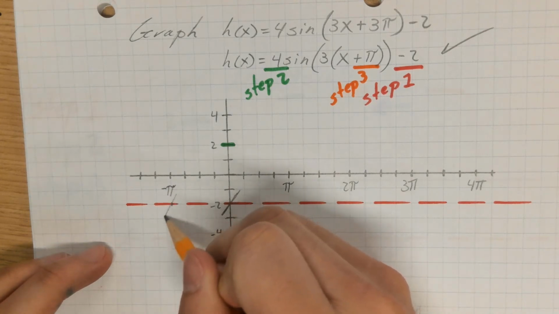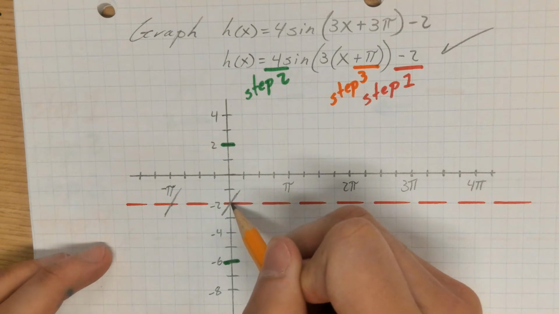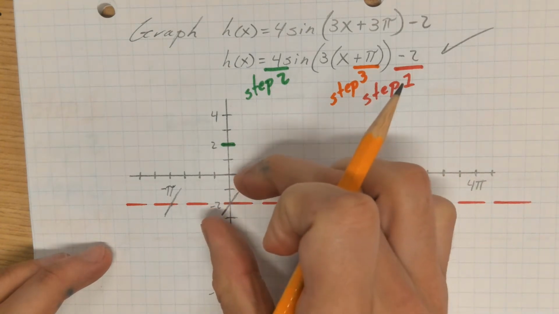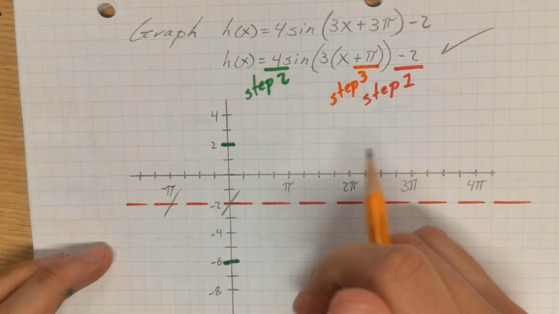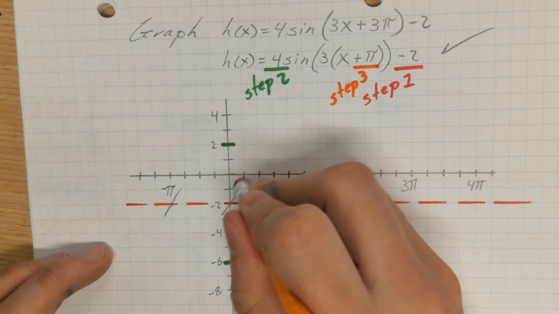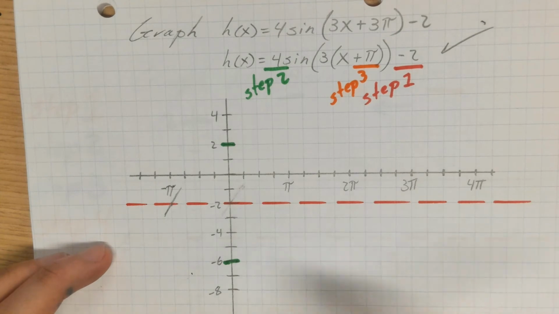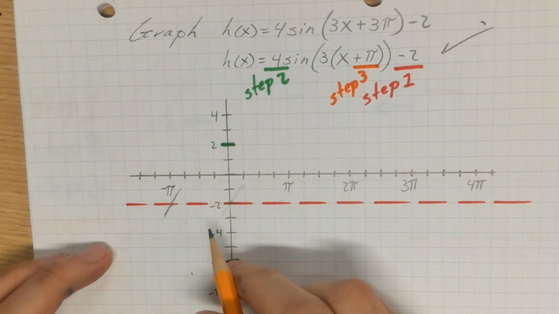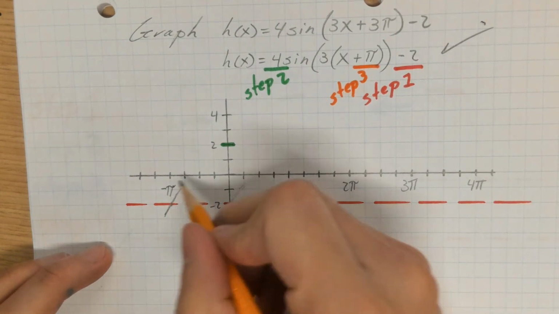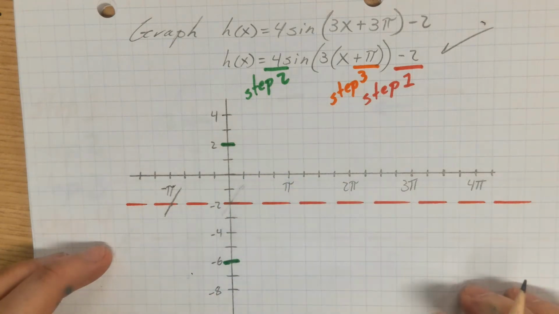So this portion of the graph was actually shifted. Now I can erase this one because it was shifted to the left. That's technically step 3.